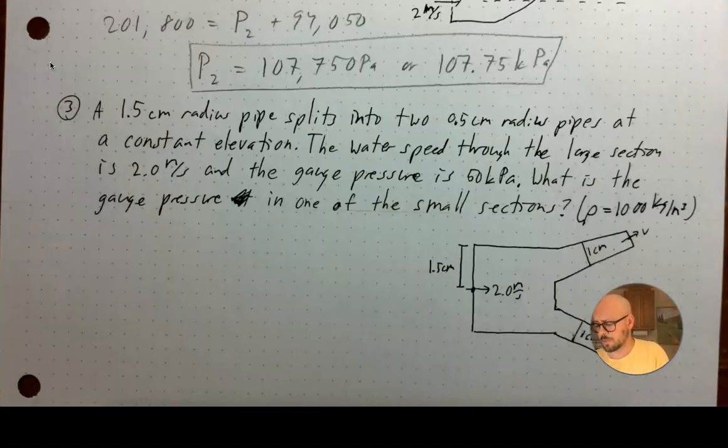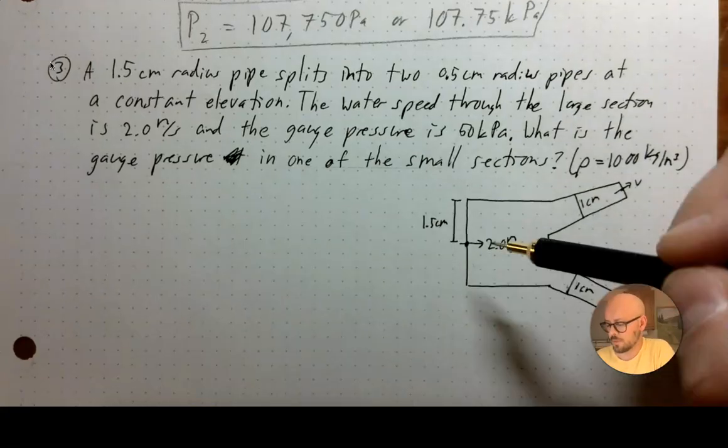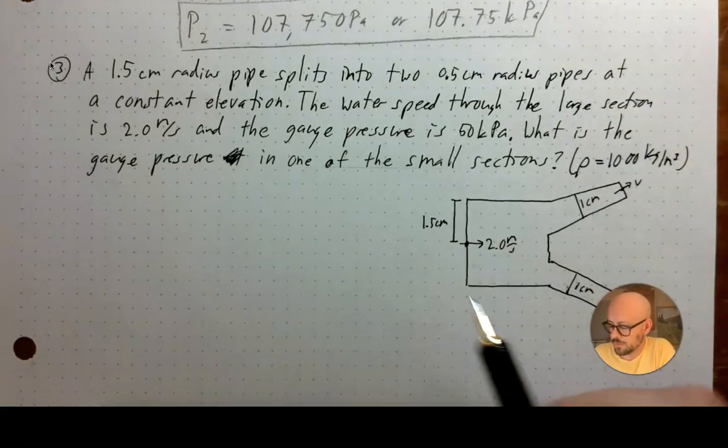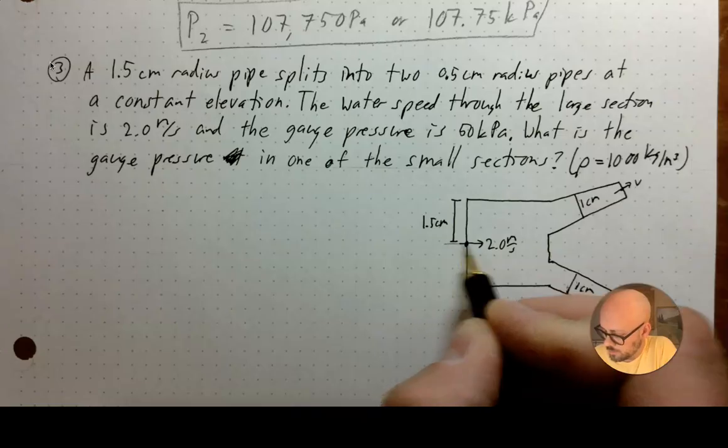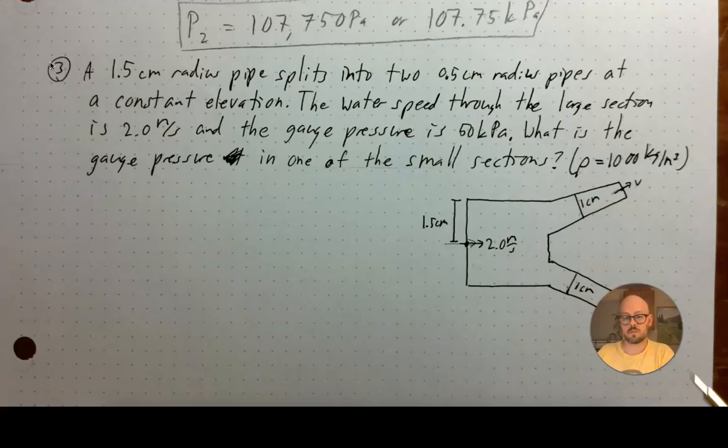All right, last problem is the most involved, and I chose it because it has a couple things that I would add on to the previous video. This looks like a pair of pants, I understand. But the water is flowing through the left end, and then it splits into two smaller pipes that each have the same diameter.